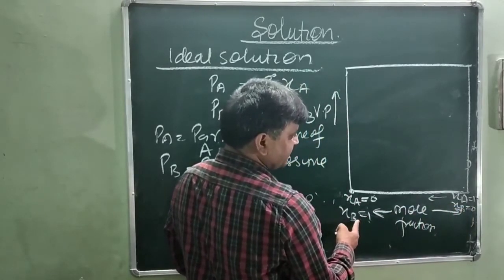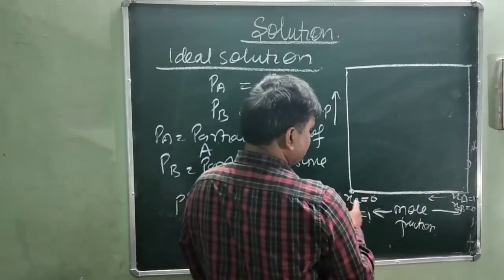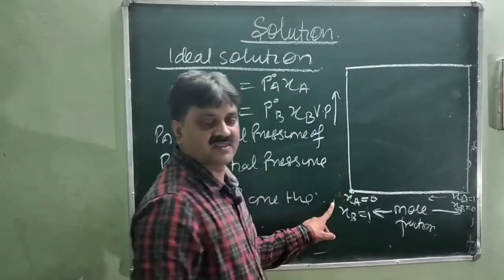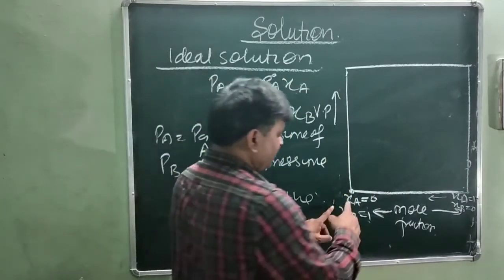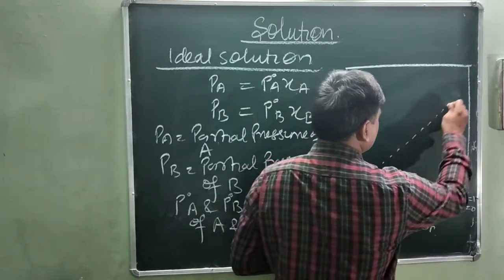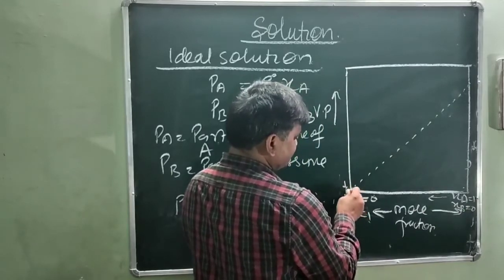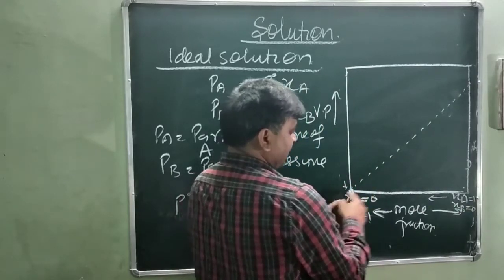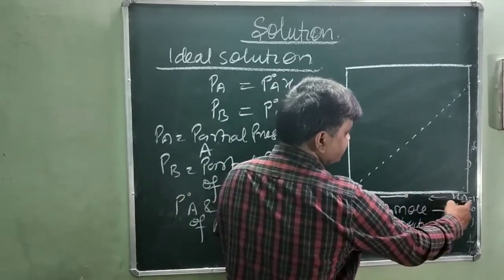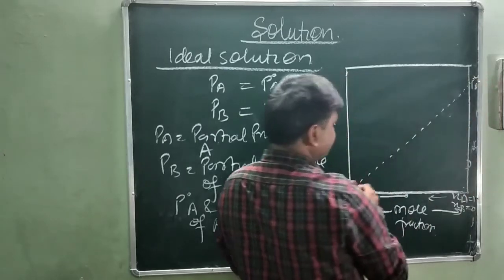At this state, XA is equal to 0, so its vapor pressure is also less. You will see here XA is equal to 0, its vapor pressure is very low. But as we move this side, its concentration increases, XA is equal to 1, this is P naught A. At this place we get the straight line.